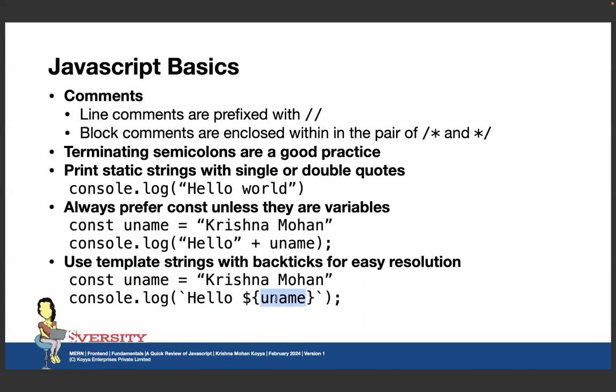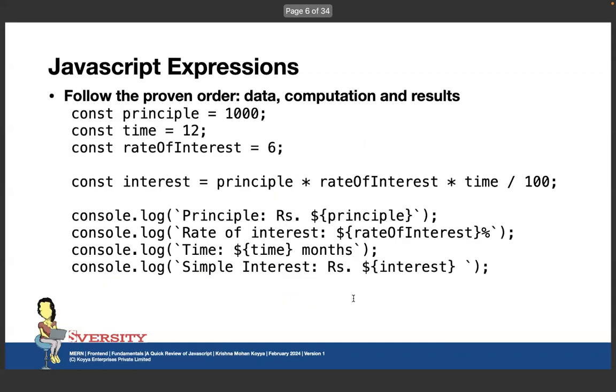At runtime, the things that you write within these curly braces get resolved to a string and are replaced by that particular value. So since uname is resolved to Krishna Mohan, the outcome will be hello Krishna Mohan. So wherever you are trying to build strings by some computation, go for template strings. They're always useful for you. If they are static strings, go with single quotes and double quotes.